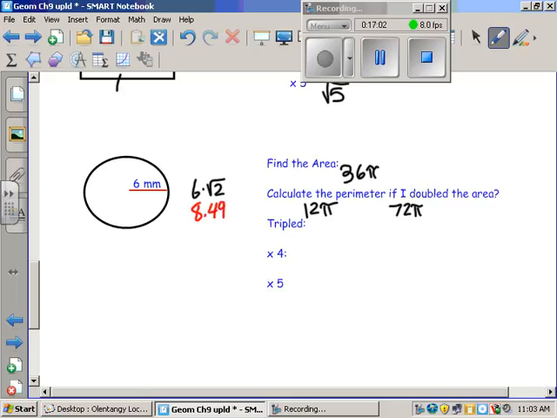Okay, so the perimeter would be, let's round this to 8.5, because when we double it, it's going to be 17, right? So the perimeter is going to change to be 17.5.